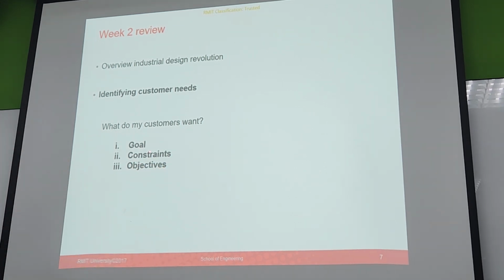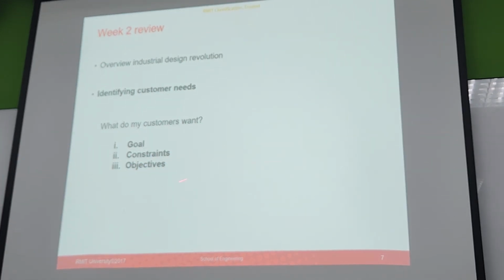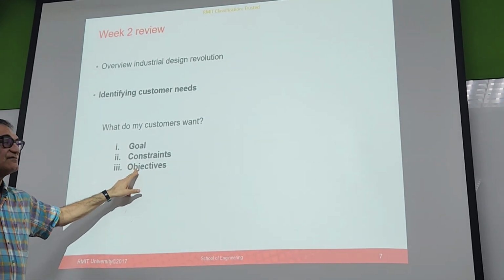My customer, what they wanted, and then divide it into the SOR. SOR, statement of requirement. SOR means the goal, one sentence or two sentences maximum. And then the goal is divided into objectives, objective 1, 2, 3, 4.